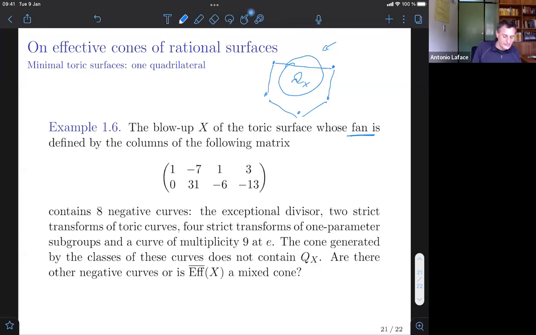If you remember the example that I showed before, from the theory that we developed with Anna Maria Castravet, Jenia Tevelev, and Luca Ugaglia, we started with the class C, which was a rational class on the boundary of Q of X, with self-intersection 0. This example does not contain any such class. It's possible to study the conic and show that it has no rational points.